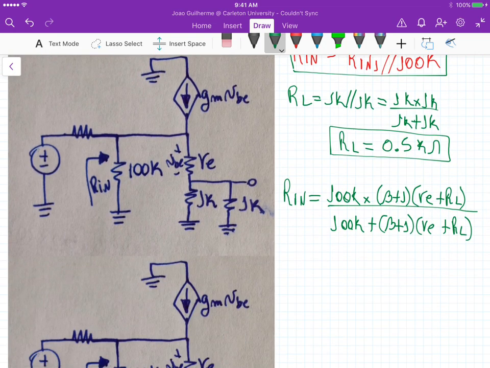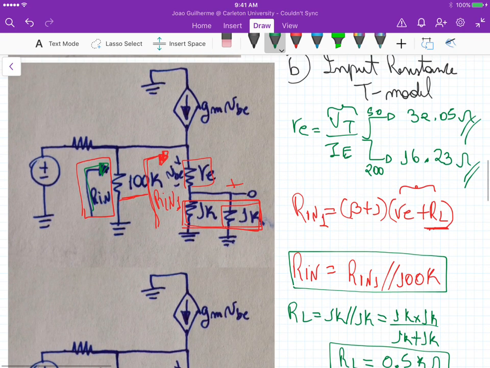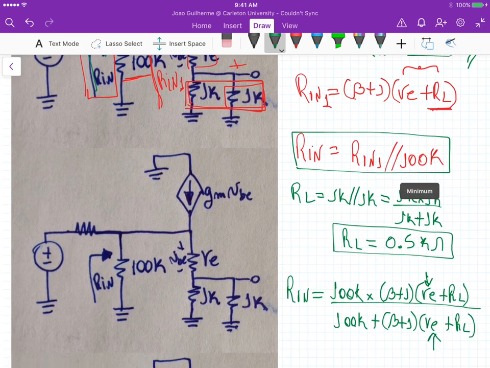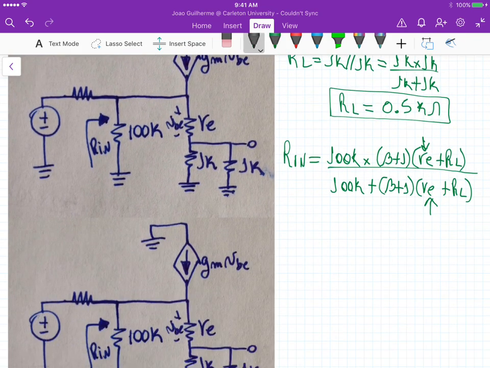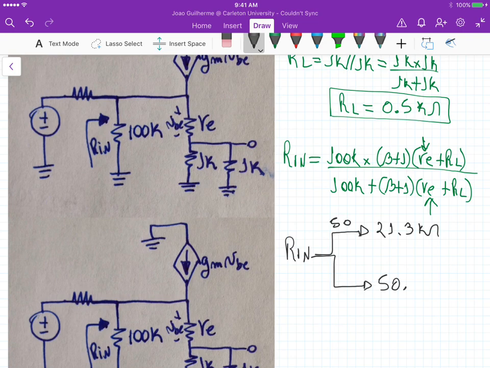And if we substitute the values of RE, remember we have two values for RE depending on beta, right? If you go back here, two values of RE. So this gives us an R in that's 21.3 kilo ohms for beta equals 50 and 50.9 kilo ohms for beta equals 100.